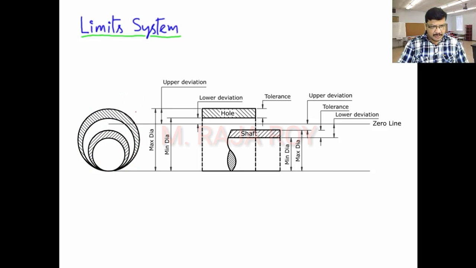Now this particular line is called the zero line. This is the zero line with respect to which we can explain the basic size or nominal size. Zero line is with respect to basic size. That means according to our example just now we have taken, the basic size is 40. That means this line is representing 40 diameter.